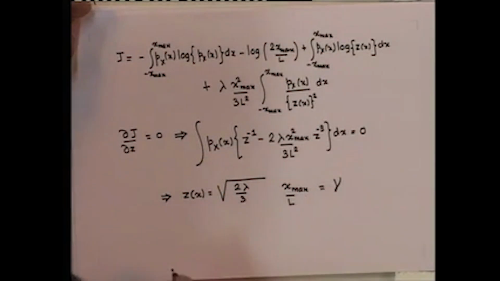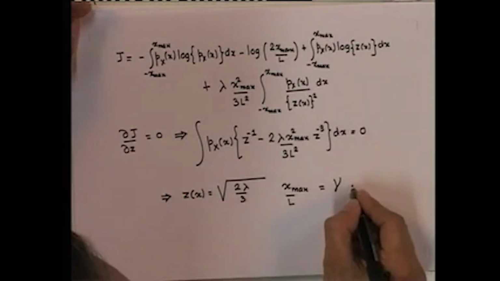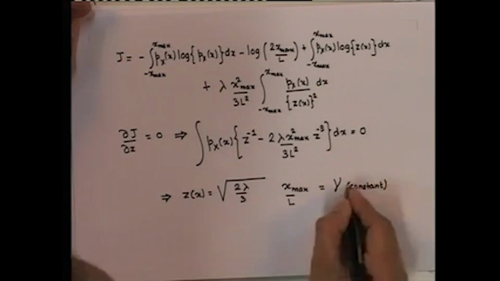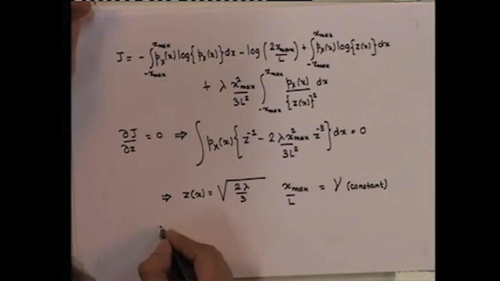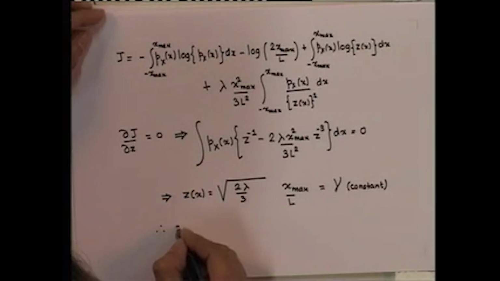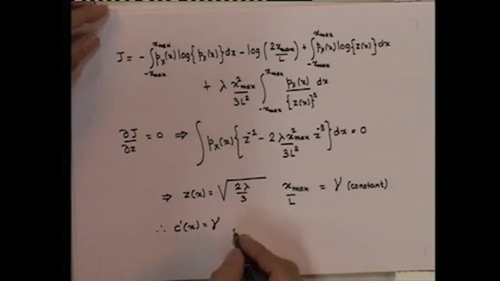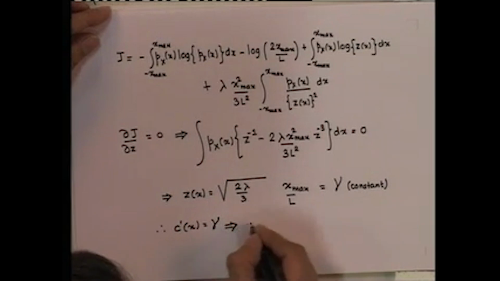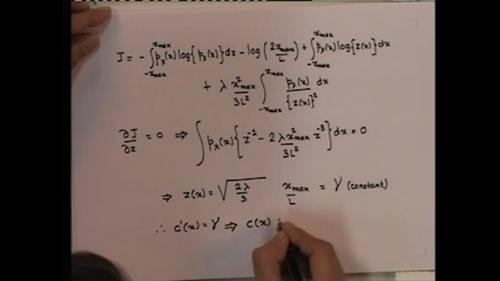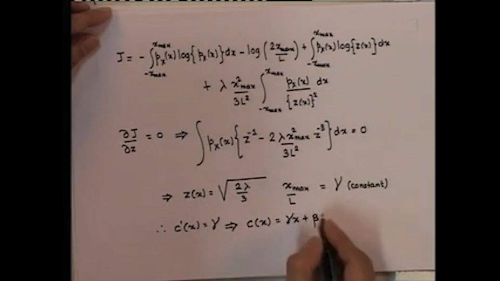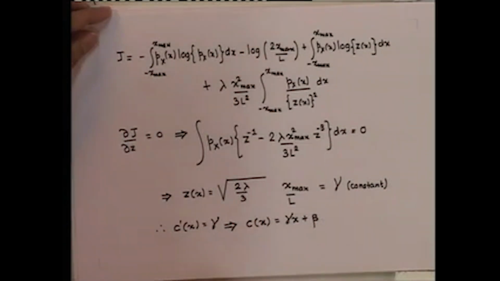Let us call it gamma, and therefore, C dash x is equal to gamma, which implies C x is equal to gamma x plus beta, where beta is another constant.